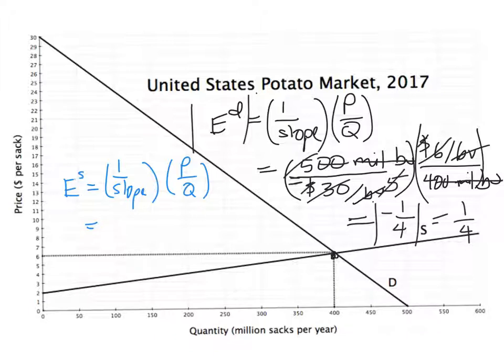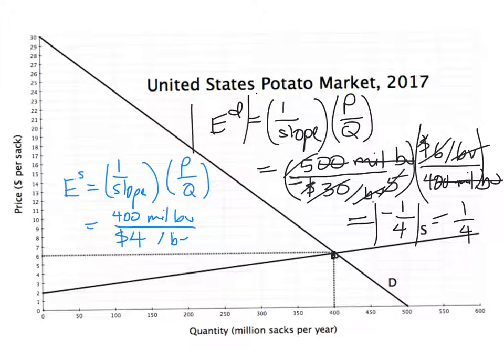So if I want to take the reciprocal of that, I have 400 million bushels per year, I'm going to forget the year just because I'm sloppy, over $4 per bushel.